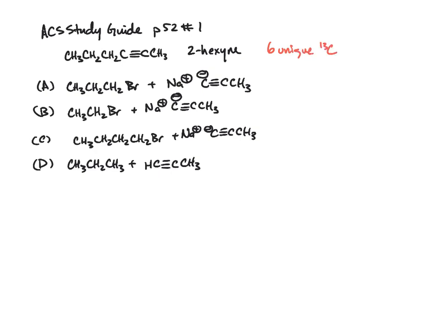How many unique types of protons do you have? So the 2 carbons of the alkyne do not bear any hydrogens, so that's why you have less than 6 unique sets of H.